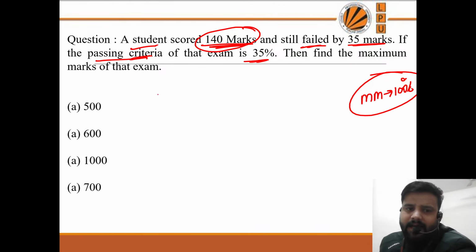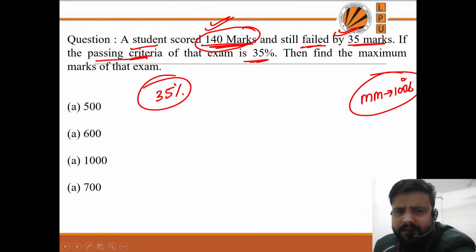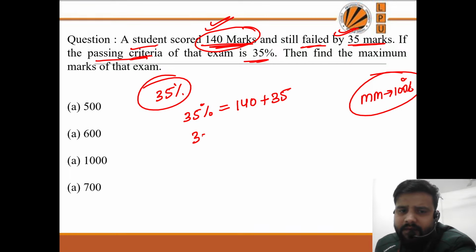See here, passing marks in terms of percentage is 35%. Now this student is getting 140 and failed by 35. It means that if this student will get 35 more, he will arrive exactly at the passing marks, isn't it? So from here I can frame an equation like this: 35%, which is passing marks, is equal to 140. When you add 35 in this, it will be equal to passing marks. So from here 35% value is equal to 175.